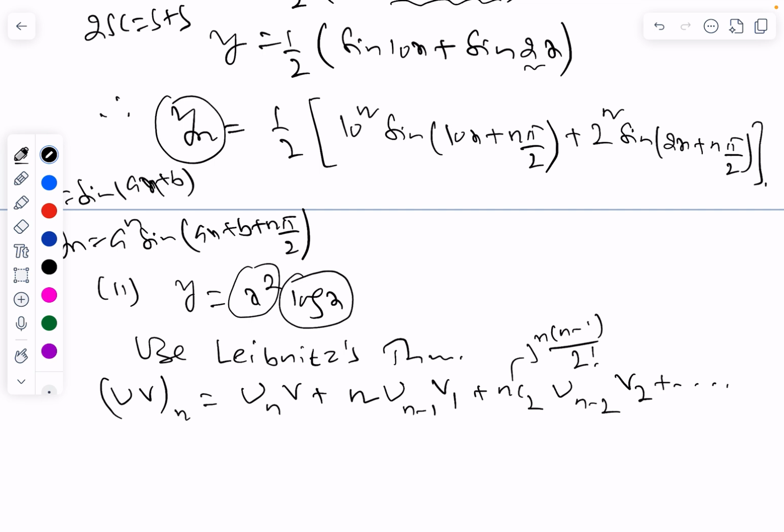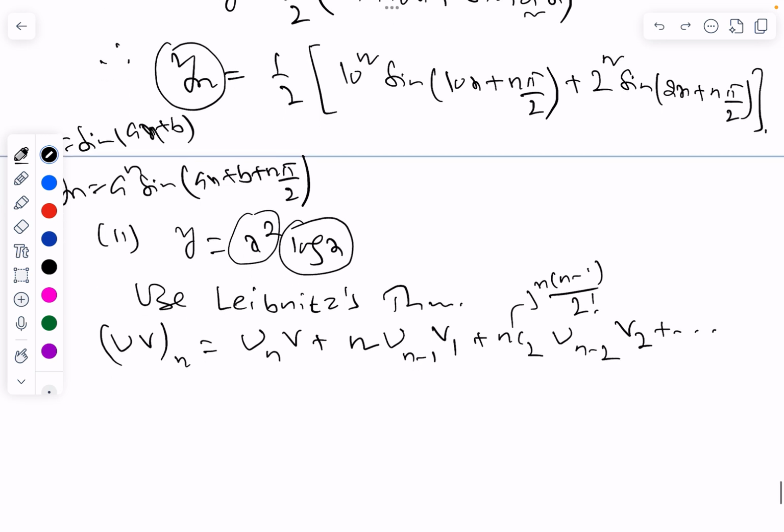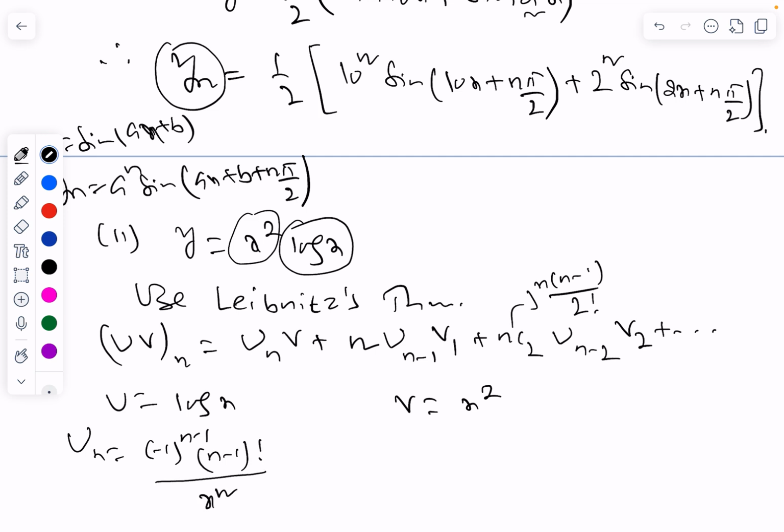So here log x is there. You can consider u as log x and v as x square. So what is the nth derivative of log x? That is minus 1 power n minus 1, n minus 1 factorial upon x power n.